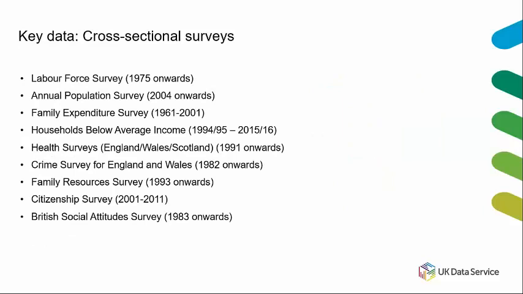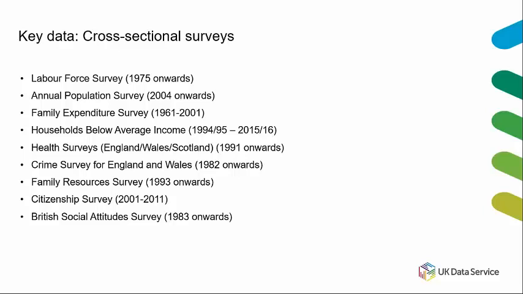So here are some examples of the cross-sectional surveys that we can provide access to. The labour force survey by a long way is the most widely used UK survey, but we will talk a little more about that in a moment. But you've also got things like the annual population survey, which began in 2004. This aims to provide data that can produce reliable estimates at a local authority level.